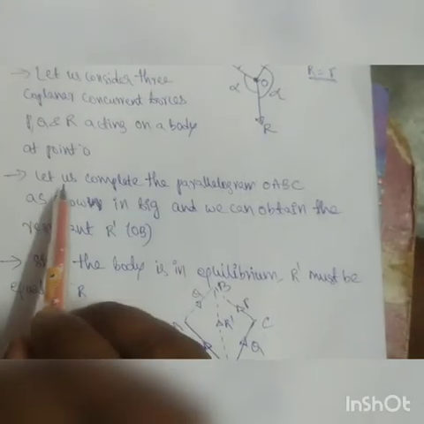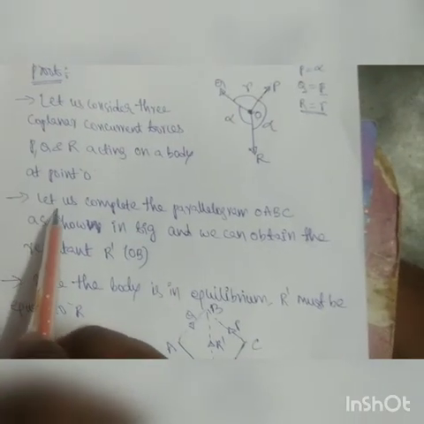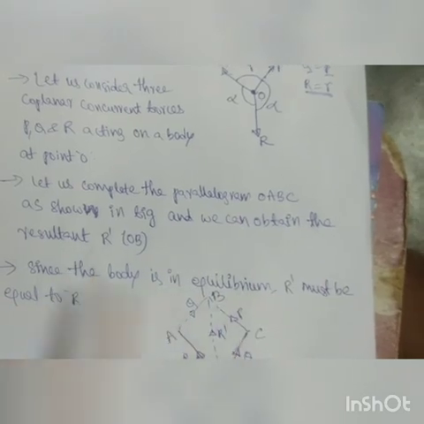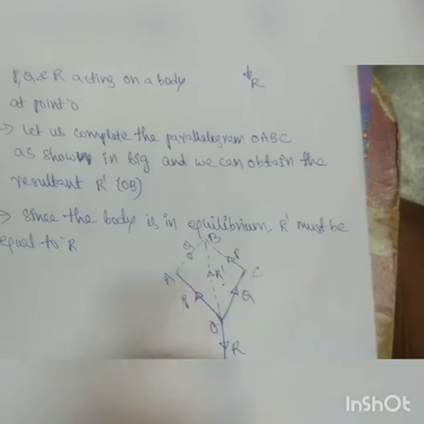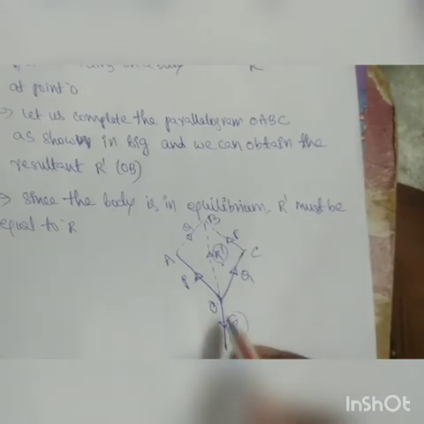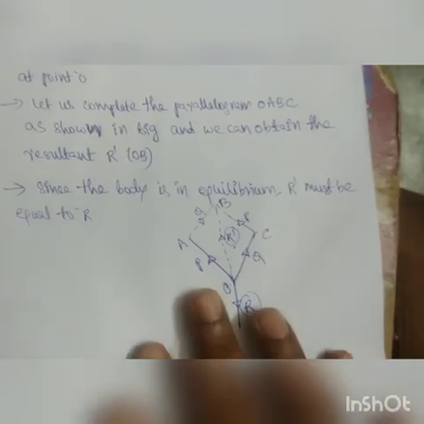Since the body is in equilibrium, R dash must be equal to R, as these both are in opposite directions.